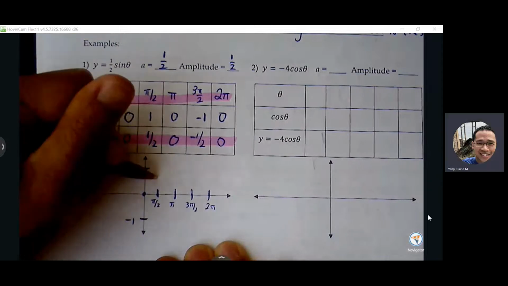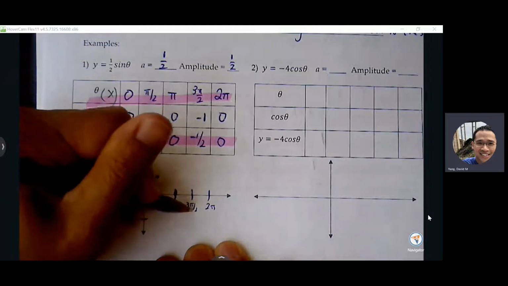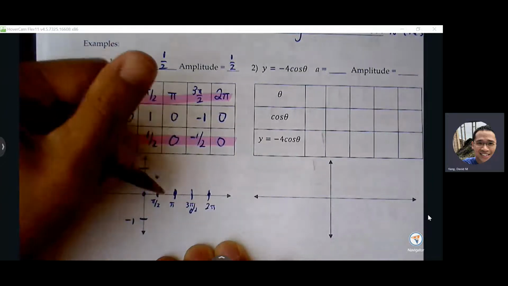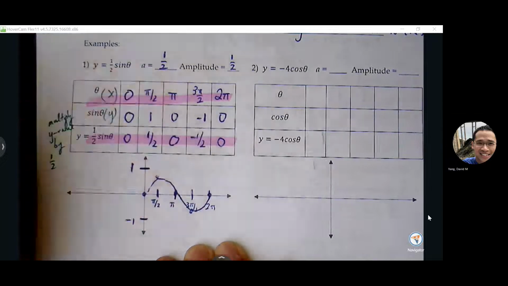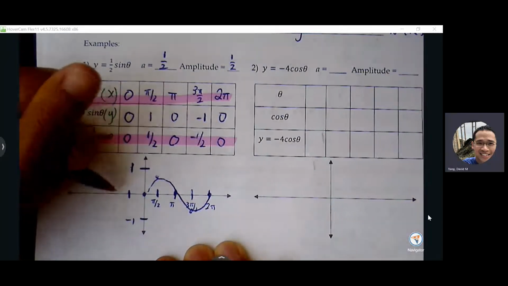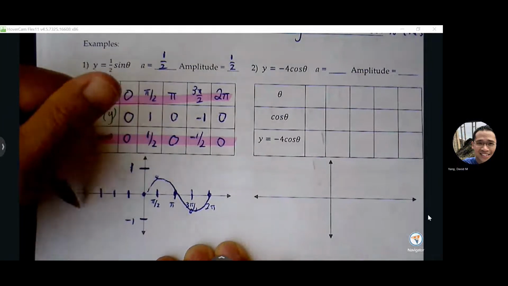Zero, 0. Only rises up to 1/2. Back to 0. -1/2, 0. Let's practice going in the negative direction. One full cycle.